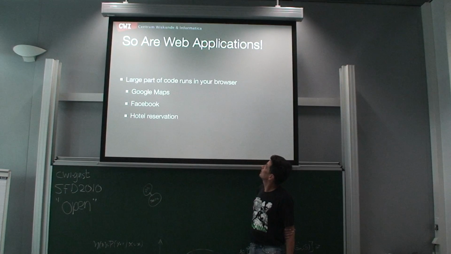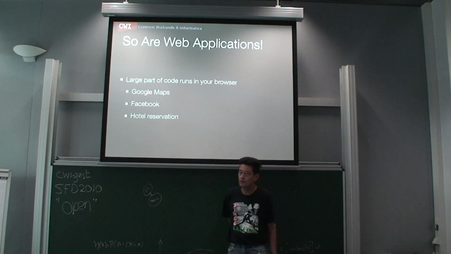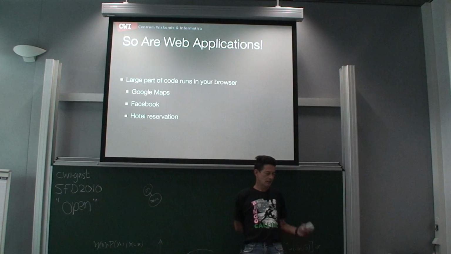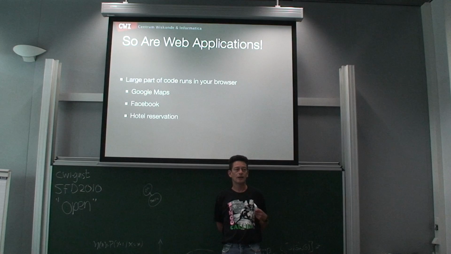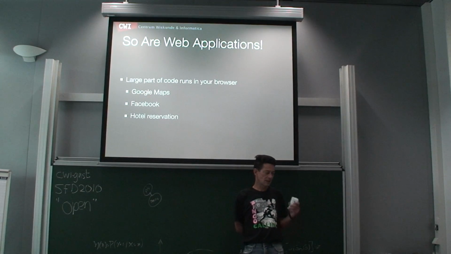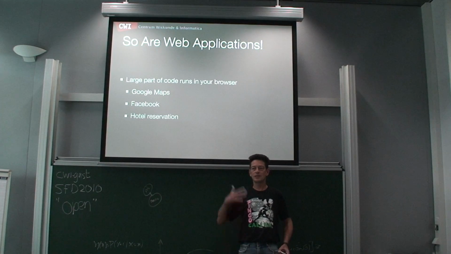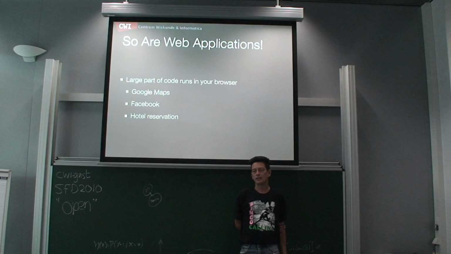The other thing that's here, and this has been here for a bit longer than multimedia already, is web applications. For people who don't know exactly what web applications are, it's an application that runs on the web clearly, but the distinguishing feature is that a large part of the application runs in your browser, which means that it's much more responsive than a server-based application.